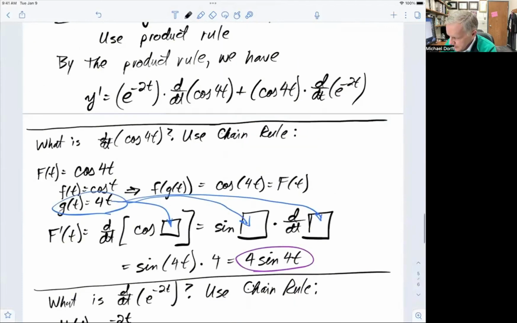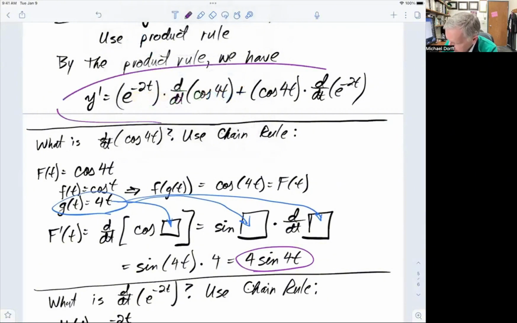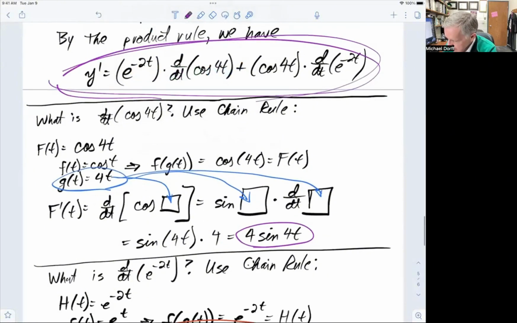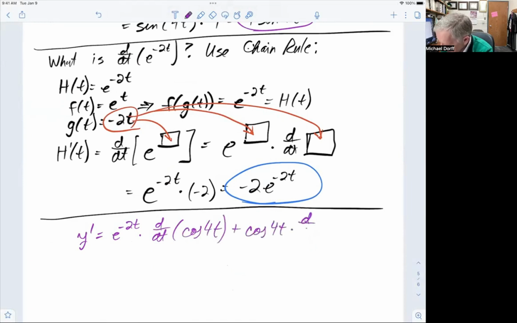All right. Now going back to what we originally had up here, we had this one for the derivative. So I'm going to write that back down here. Y prime was equal to e to the negative 2t times the derivative of the second, plus the second times the derivative of the first.